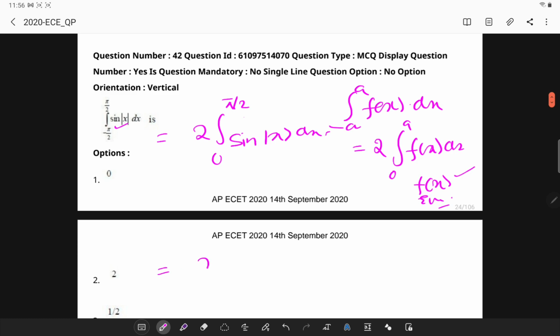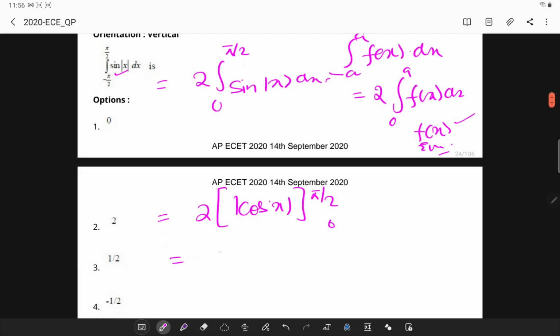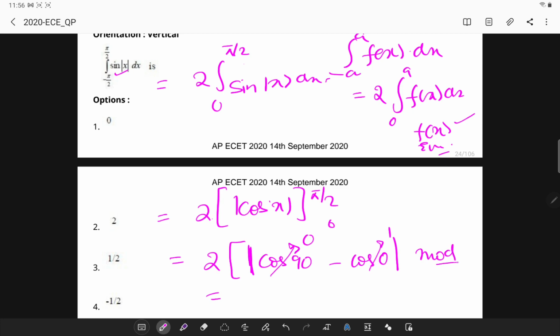So this is 2 into minus cos x with limits pi by 2 and 0. So here 2 times cos 90, I have a modulus here, minus cos of 0, this is 0 and this is 1. Since I have a mod, mod of minus 1 is 1, therefore 2 into 1 is 2.